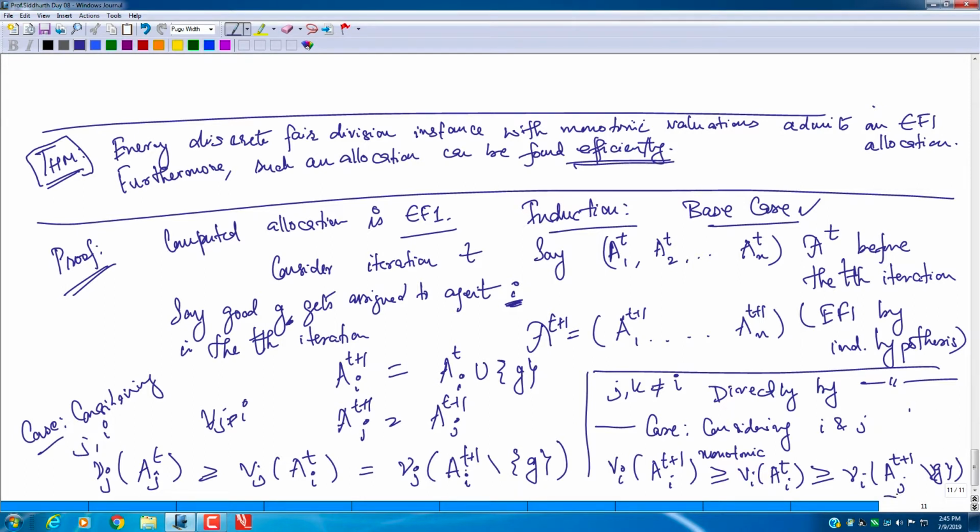And the last inequality is because for j not equal to I, the set hasn't changed. So if it was EF1 to begin with, it will continue to be EF1, the choice of the good stays as is.